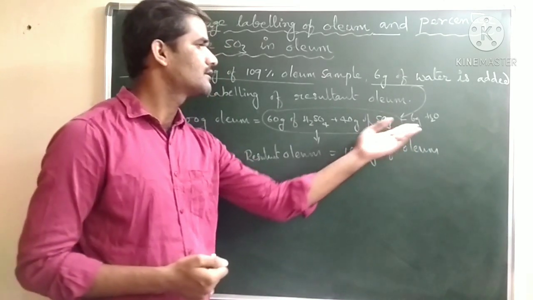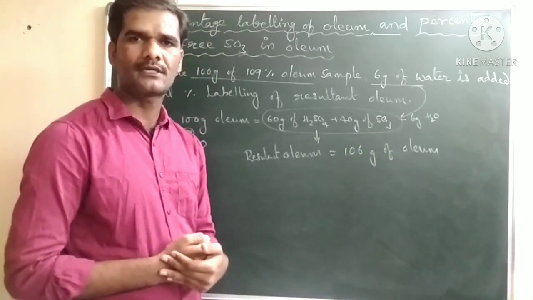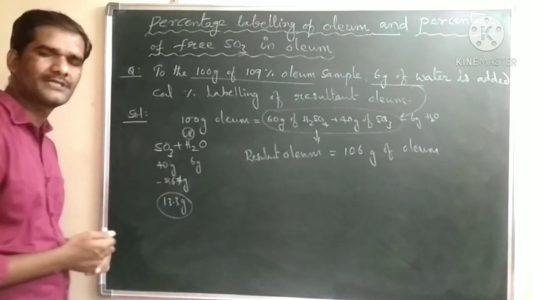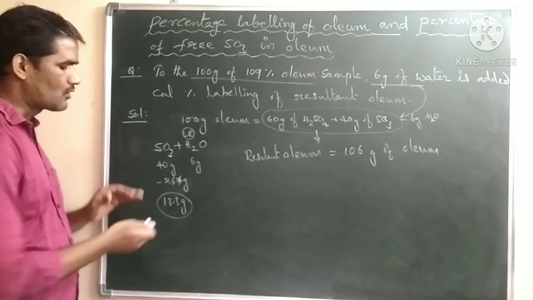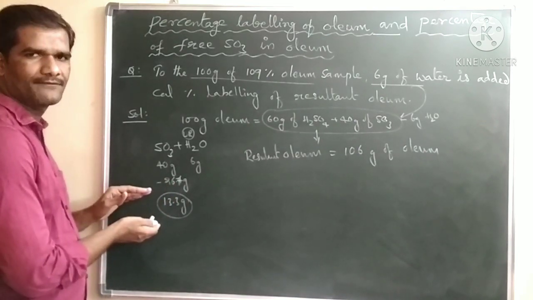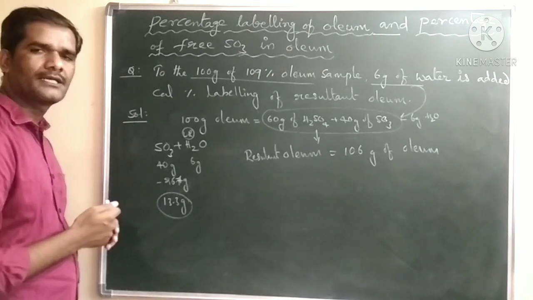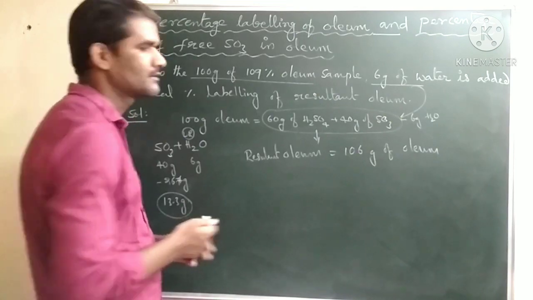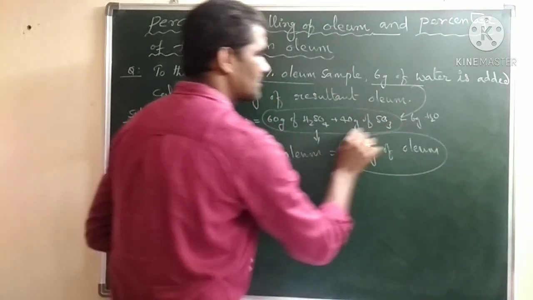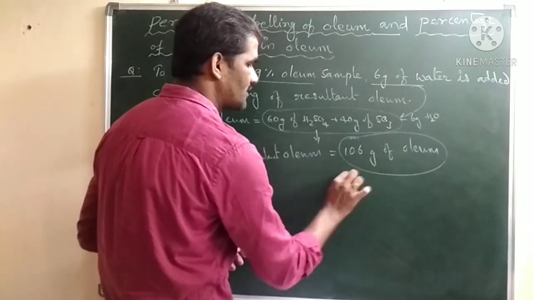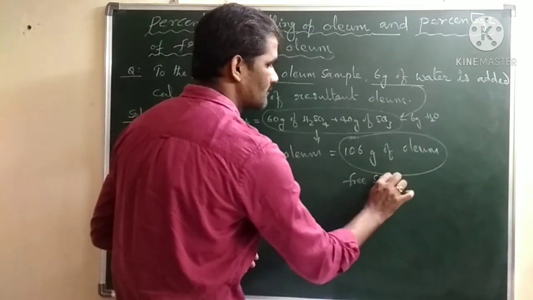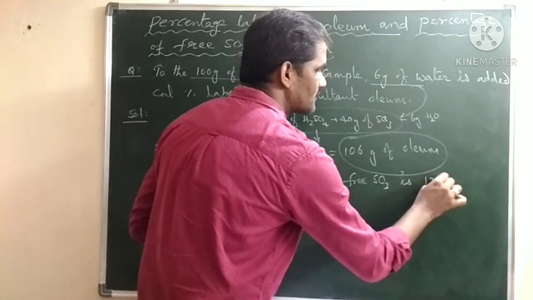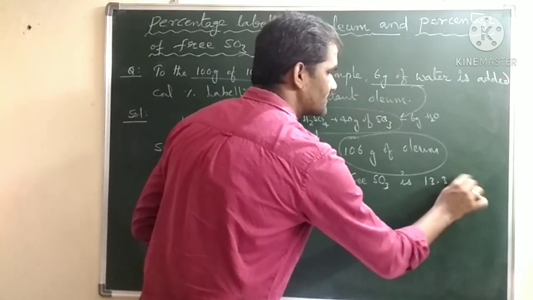Whenever we add 6 grams of water, out of 40 grams, already 26.7 grams has reacted. Then how much SO3 is left? Only 13.3 grams of SO3 is left in 106 grams of oleum. So in this amount, free SO3 is 13.3 grams.